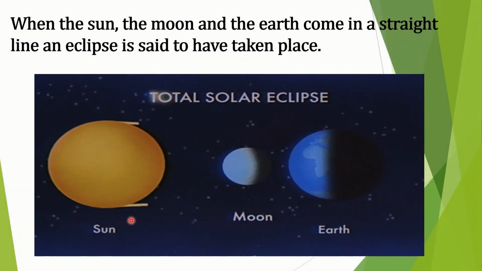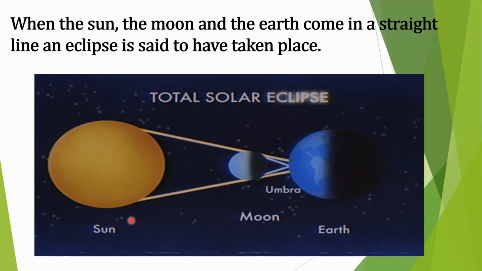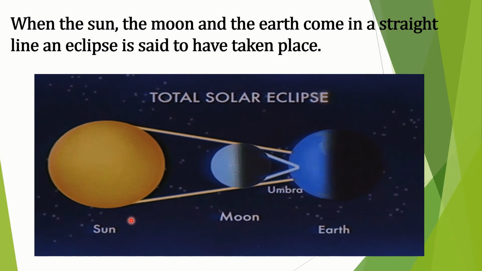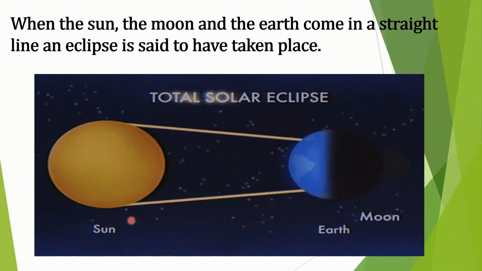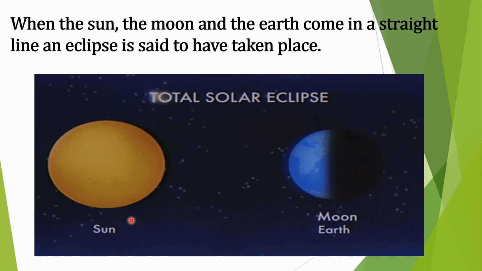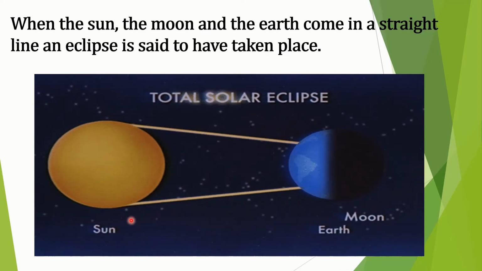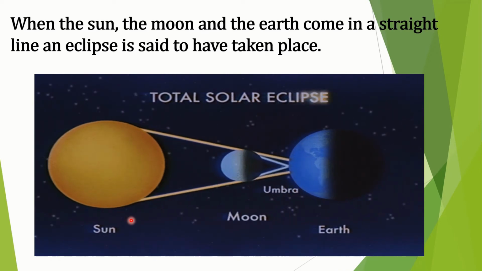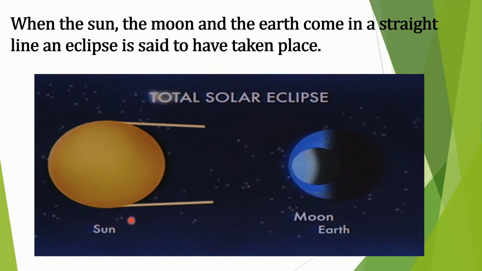When the sun, the moon and the earth come in a straight line, an eclipse is said to have taken place.